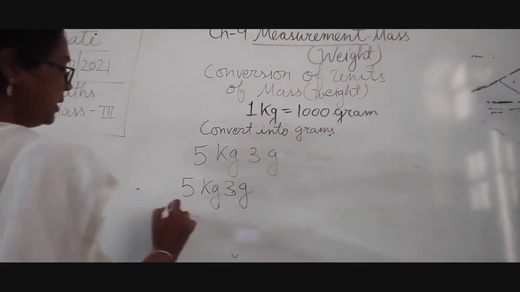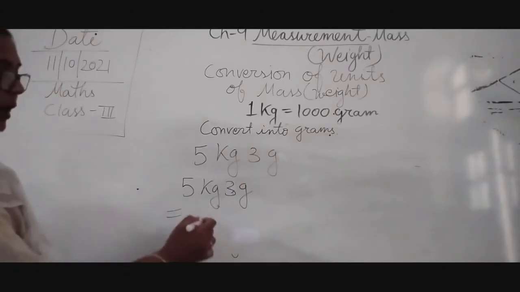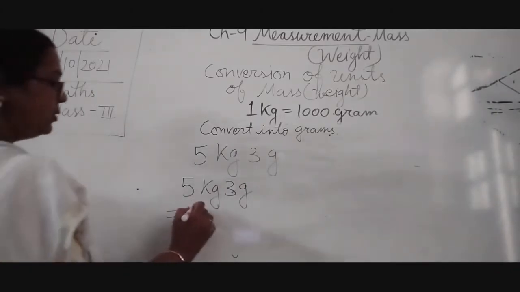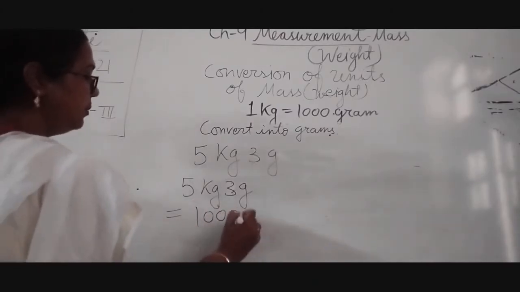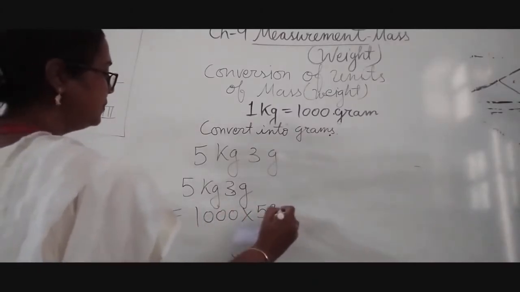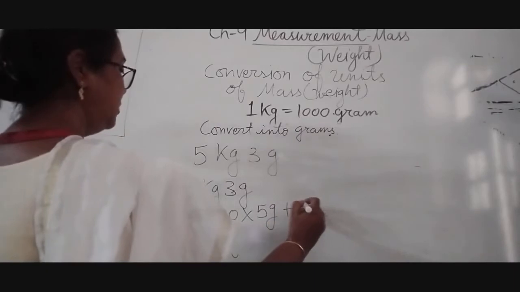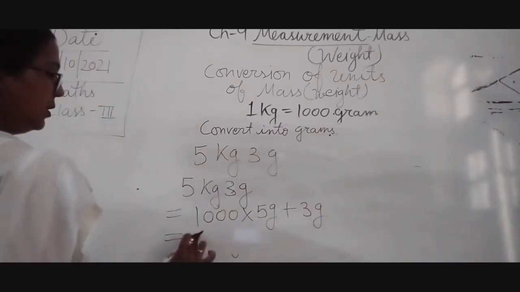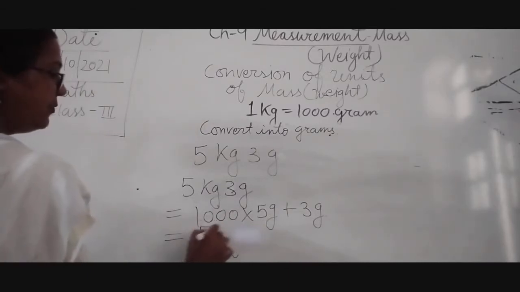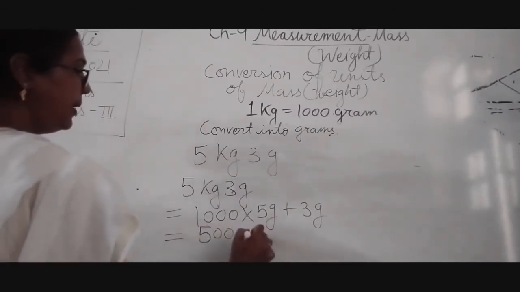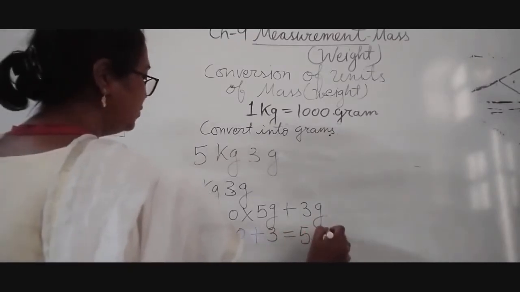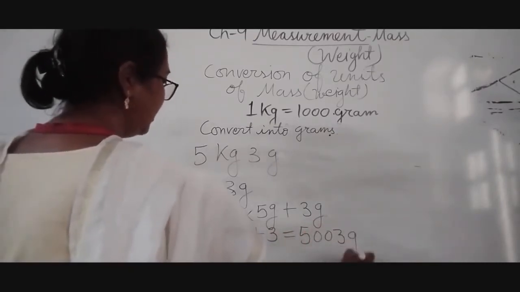5 kg and 3 grams equals, we are going to multiply 1000 by 5, plus 3 grams. After multiplication we will get 5000 plus 3 grams equal to 5003 grams.